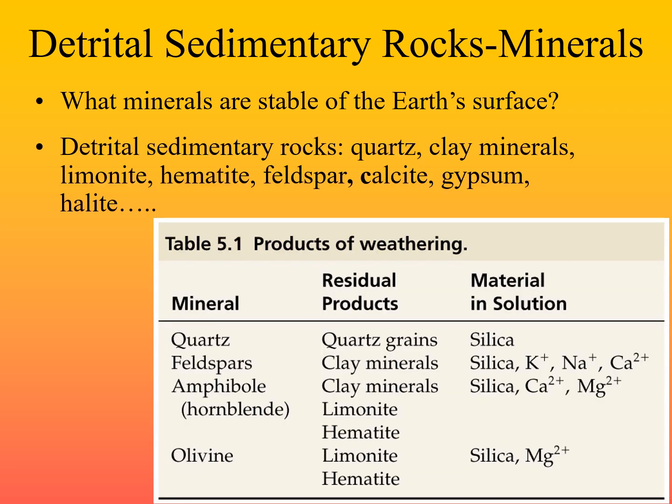And so for detrital sediments, we tend to see a lot of quartz, clay minerals, limonite, hematite, feldspar, calcite, gypsum, halite. These are things that are in solution. Maybe if you have a warmer groundwater that's been dissolving these materials, or a magma, let's say, that's moving up through the crust and it's absorbing these materials. Once it cools on the surface, it starts to cool at those lower temperatures.